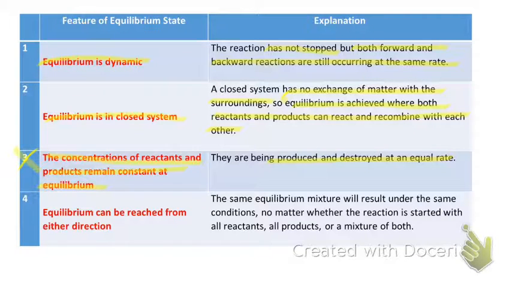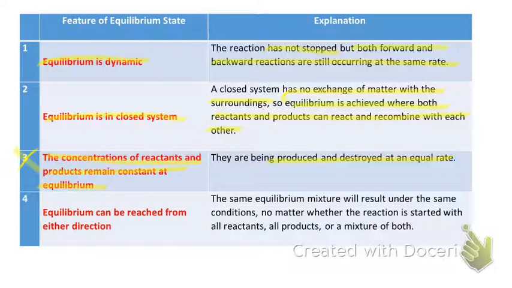So remember, the equilibrium state is dynamic. The two reactions are still occurring at equilibrium, but the concentrations are fixed at that point. There's no net change in reactant or product concentration since we're producing and destroying reactant and product at the same time or same rate. Okay? Very important concept to understand.